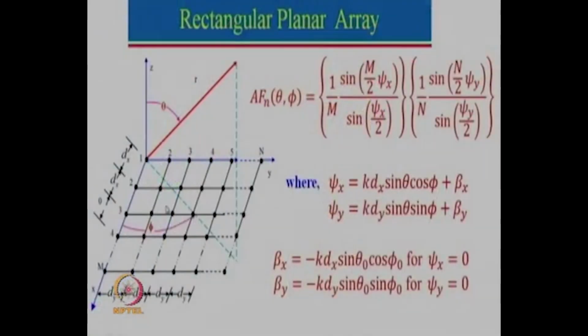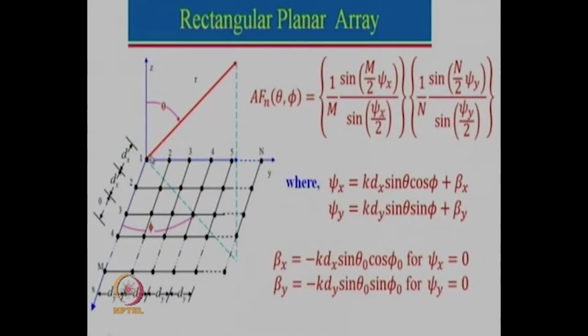So instead of 0.5 lambda, you can take 0.6 lambda or 0.7 lambda or maybe 0.45 lambda, but not more than 0.7 or 0.8. Now you might wonder, if I take more than 0.7, there will still be no problem of grating lobe, but that is true only for the x axis and y axis. Let us see what happens along the diagonal axis.